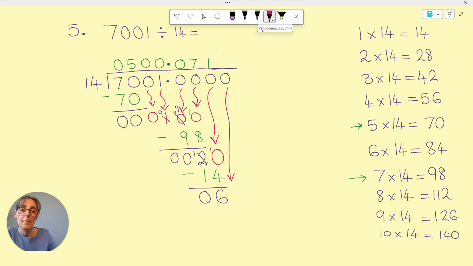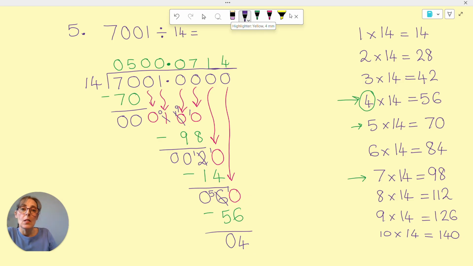Now, how many times does it fit into 60? 4 times. And 4 lots of 14 is 56. So we are left with remainder of 4, aren't we? Let's just show it. 10 take away 6 is 4, 5 take away 5 is 0.